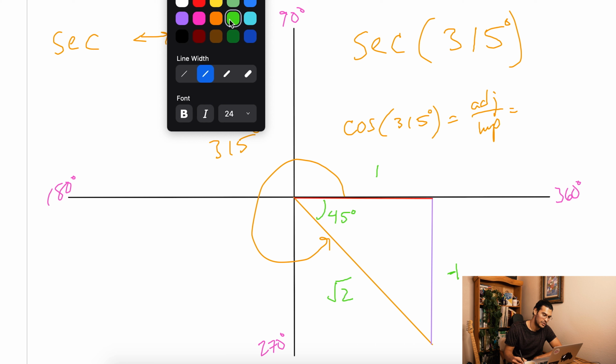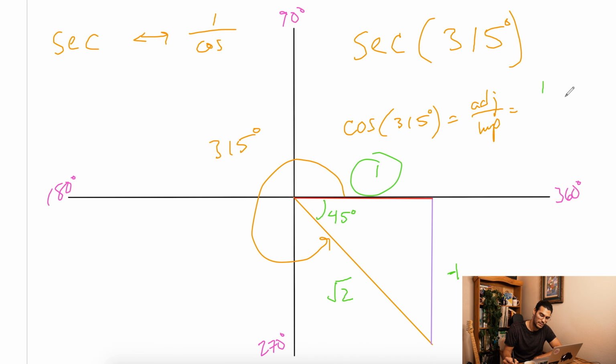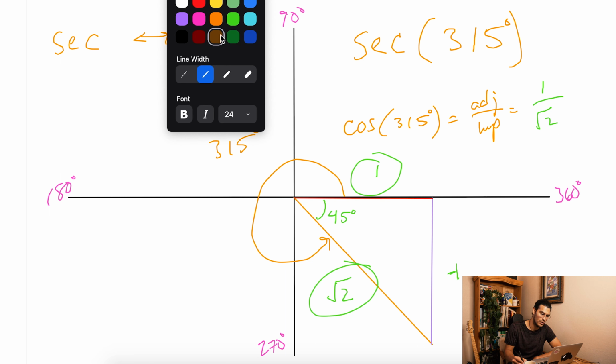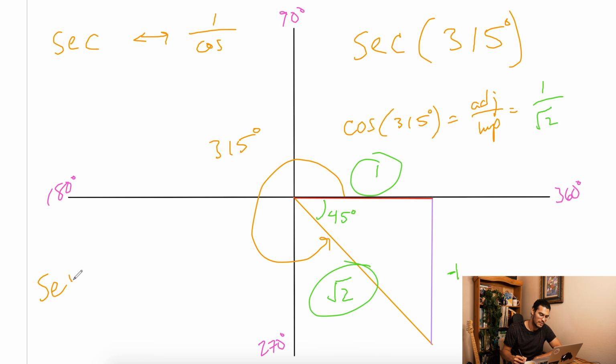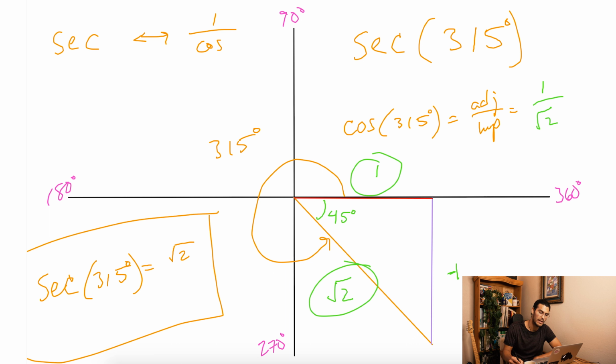The adjacent side is 1. The hypotenuse is square root of 2. Cool? If that's our cosine, secant is 1 over that. So secant of 315 degrees would have to be square root of 2 over 1, or just square root of 2. And there we have it.